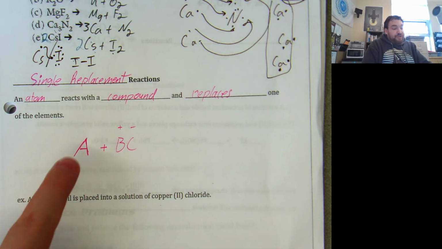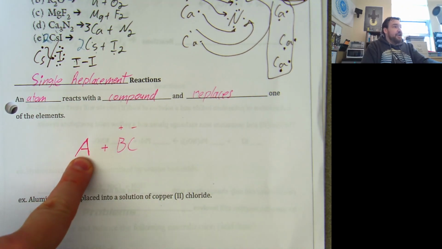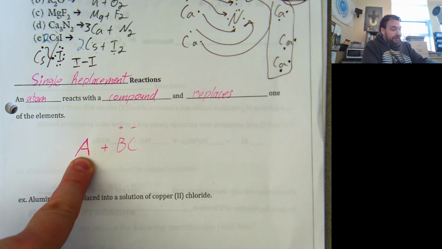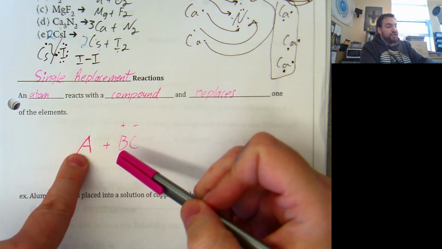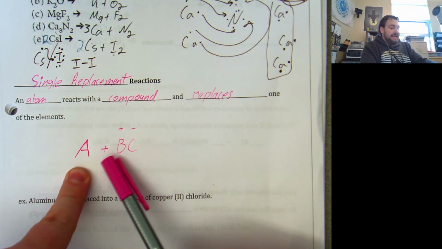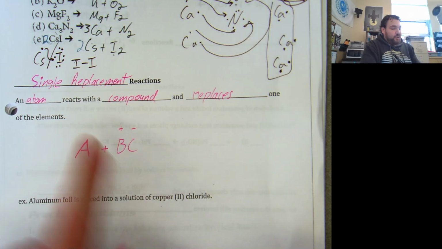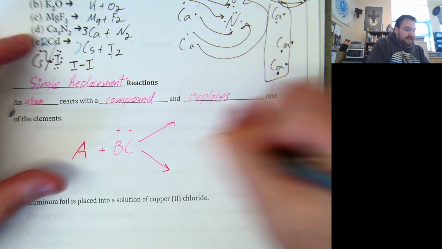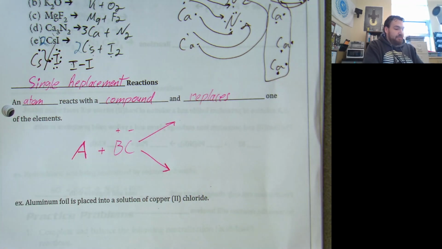But there is no restriction on this element here. A could be positively charged, a metal, or it could be a nonmetal, negatively charged. So depending on the charge of A, it's going to change which one of these gets replaced. There are actually two options to see how the chemical reaction is going to go.